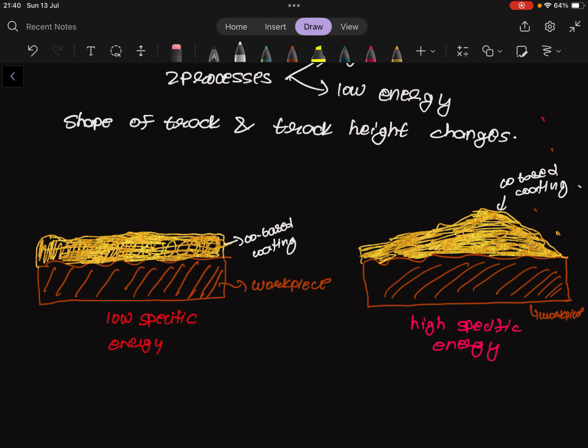We can observe that with the low energy track, we have a more homogeneous coating dimension. Basically the thickness of the coating is more homogeneous, but in the high energy coating the shape is changing because the thickness is higher.